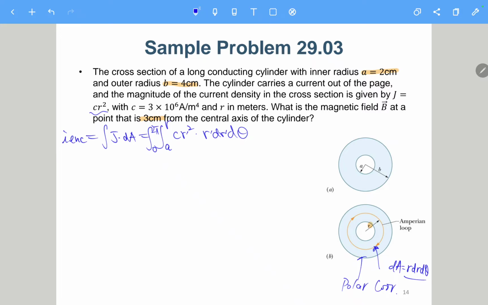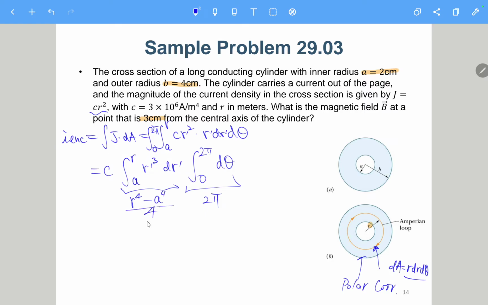So finally we have C, and then the integration of dr. This is r squared, this is r, so altogether we have r prime cubed, and we integrate from a to r. For d theta, this is 1, but we don't need to write it out. We integrate from 0 to 2 pi, so this is nothing but 2 pi. This is nothing but r to the 4th power minus a to the 4th power all over 4.